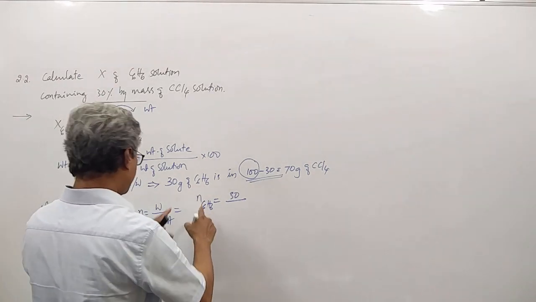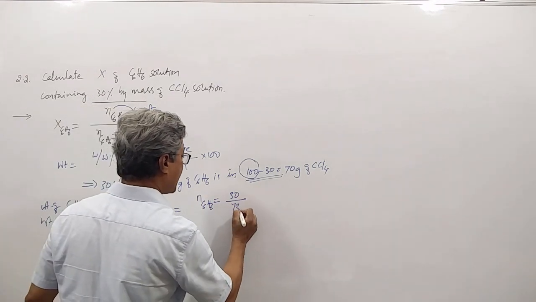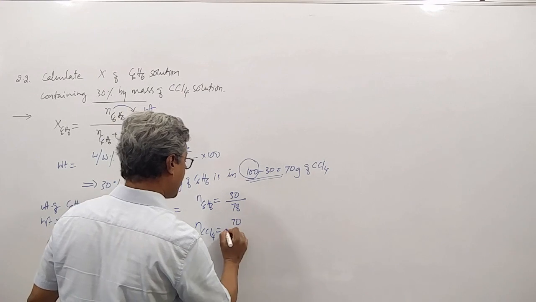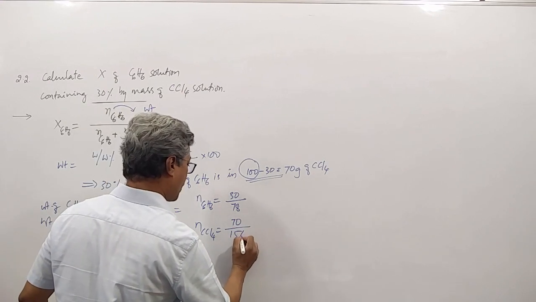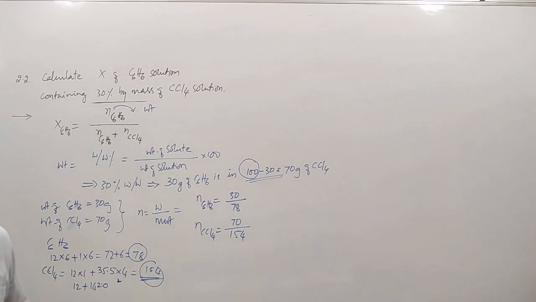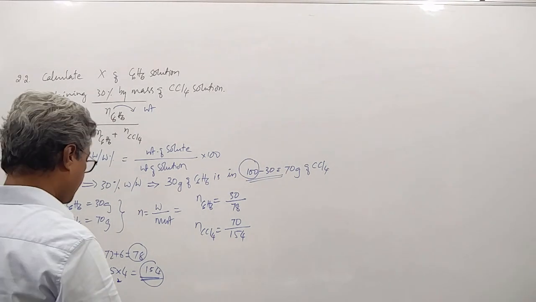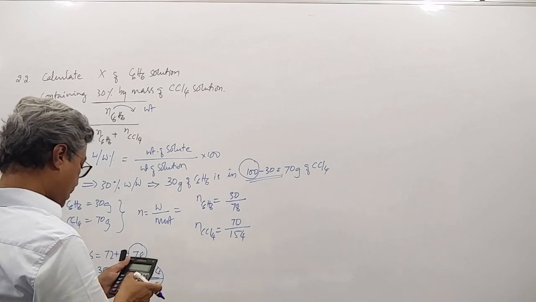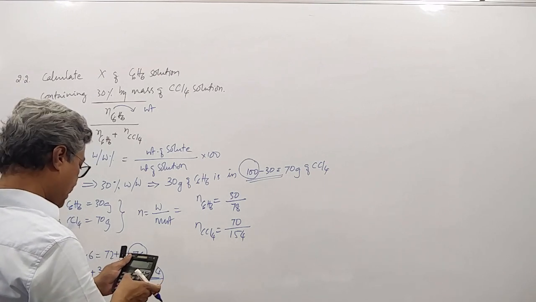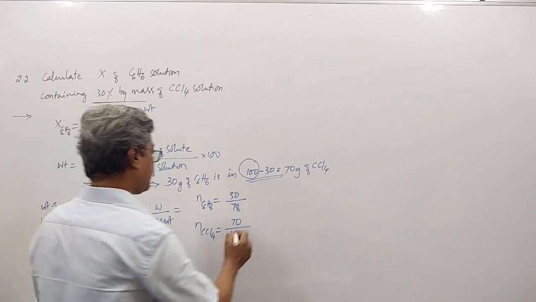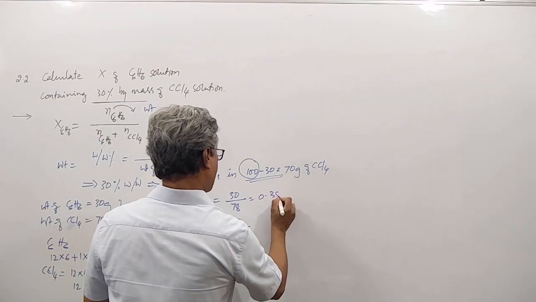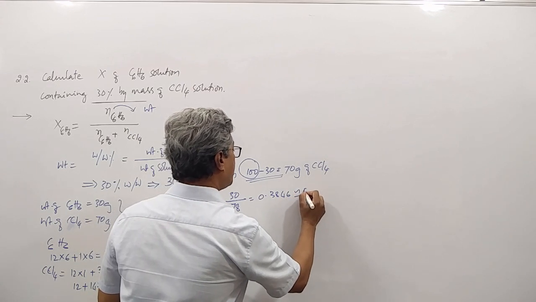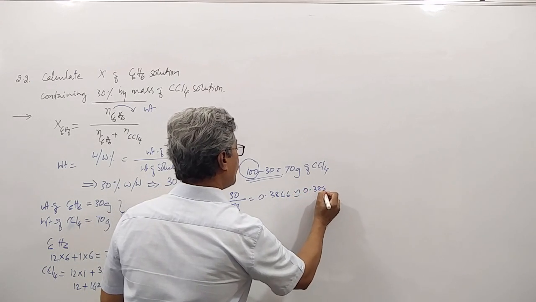Okay. Now number of moles of benzene is equal to 30 divided by 78, and number of moles of CCl4 is equal to 70 divided by 154. 30 divided by 78 is 0.3846, we can take it as 0.385.